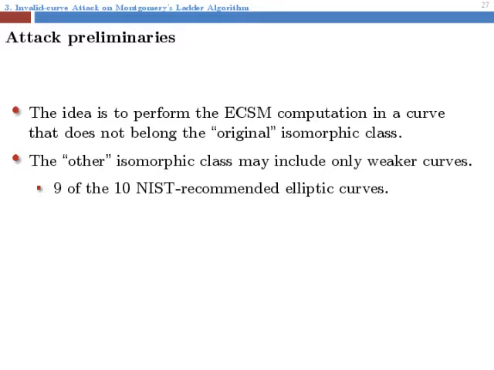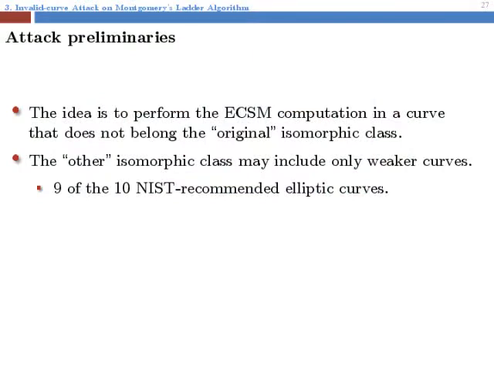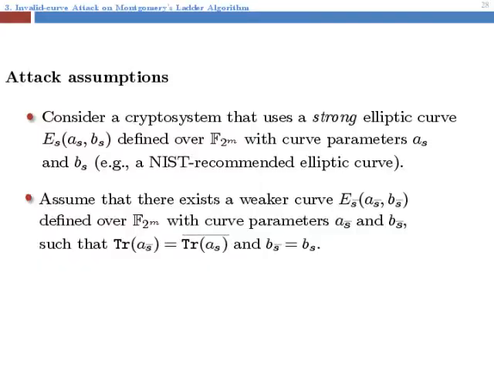So for the attack, what is the idea? To perform the computation in the other curve with a different parameter A, because the Montgomery algorithm doesn't take A into account, and if we reveal the result, we can obtain the secret.